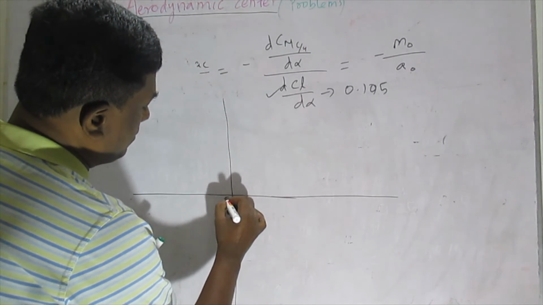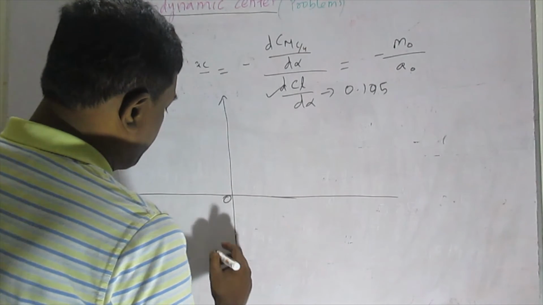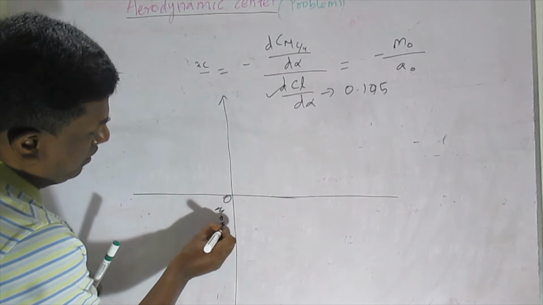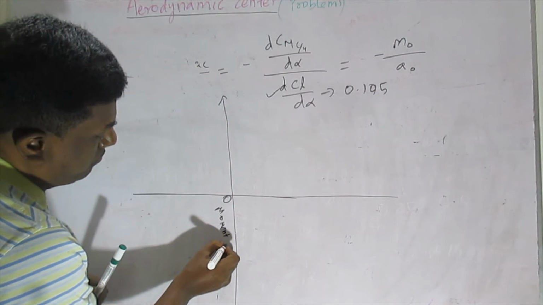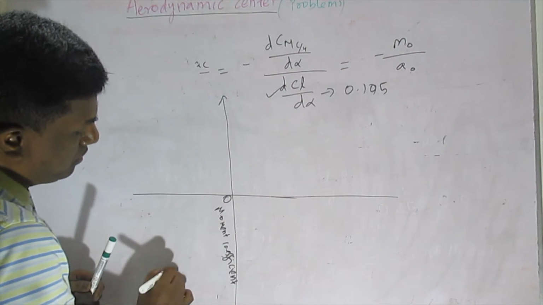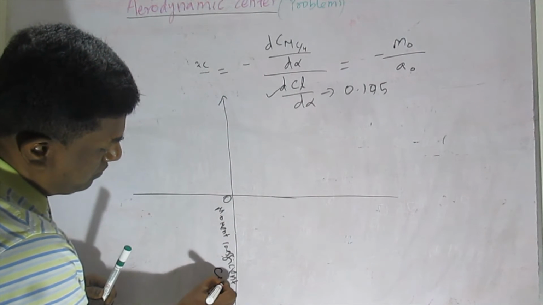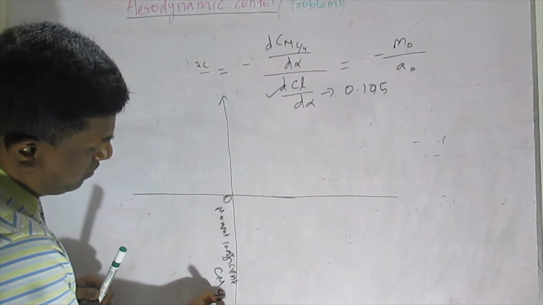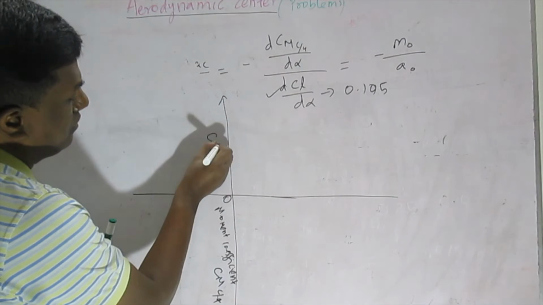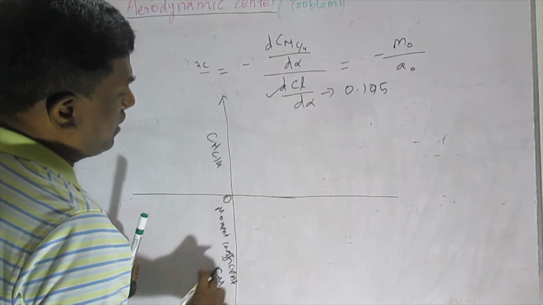Here the moment coefficient is given, and they mentioned it in this vertical axis, particularly CM at c/4.